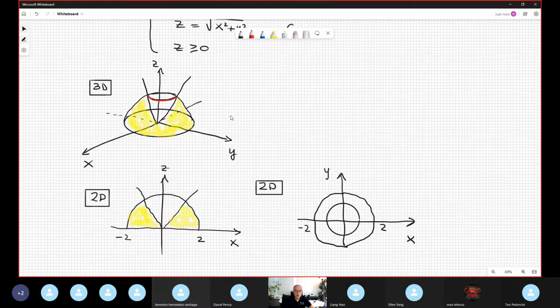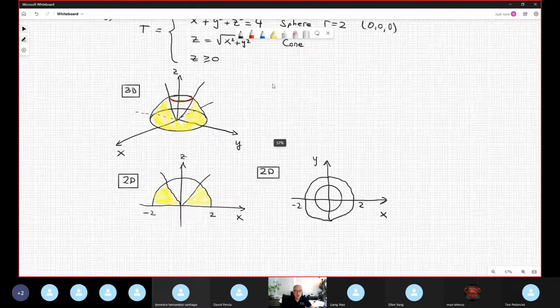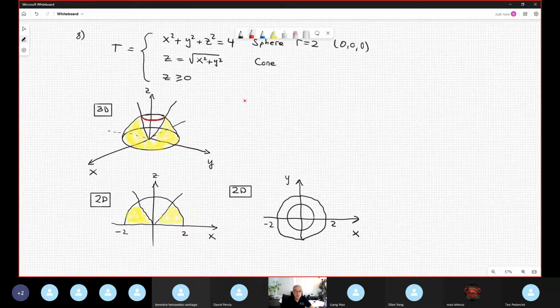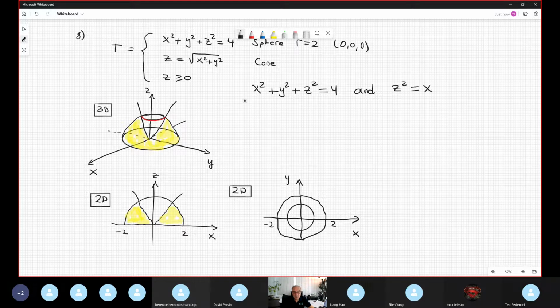But it's easy because exactly as we did before, we're intersecting two surfaces. I take the equation for the sphere, which is x squared plus y squared plus c squared equals 4, and the equation for the cone. Then, to put them together, I propose you square both sides. C squared is equal to x squared plus y squared.